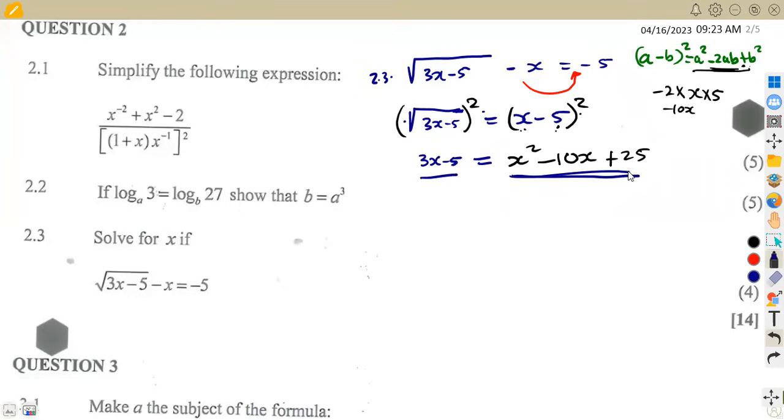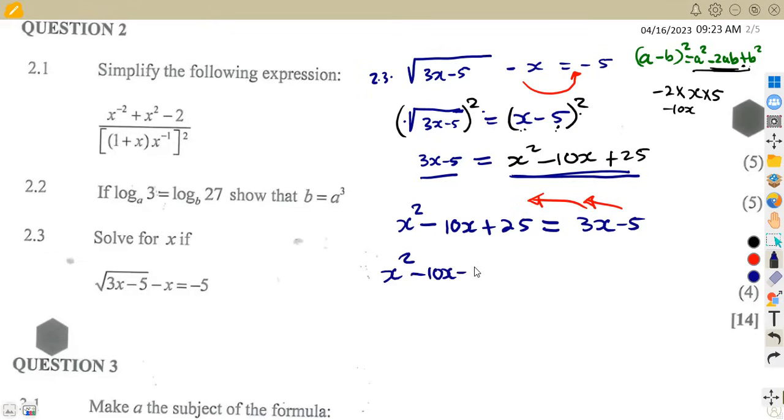So I can start with my quadratic expression, x squared minus 10x plus 25, which is equal to 3x minus 5, so that I can transpose my terms to the other side of the equation. 3x is going to be a negative, so it's going to be x squared minus 10x minus 3x.